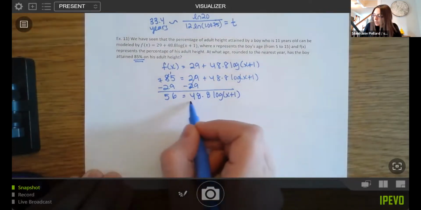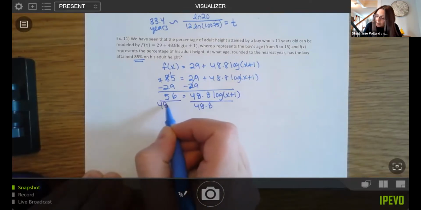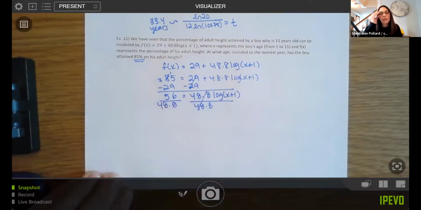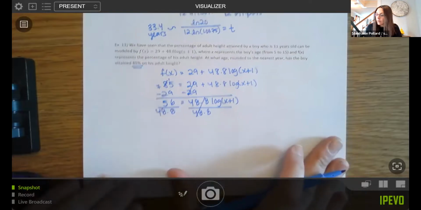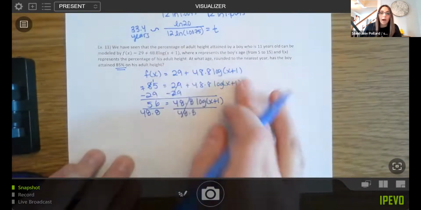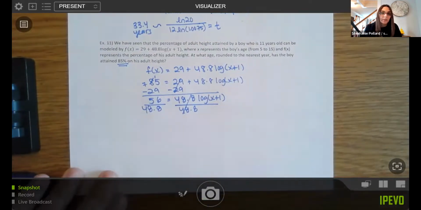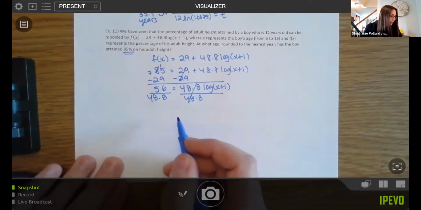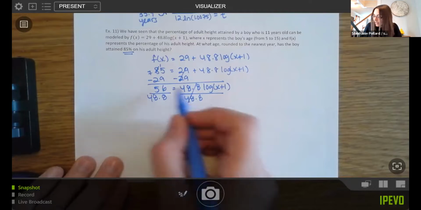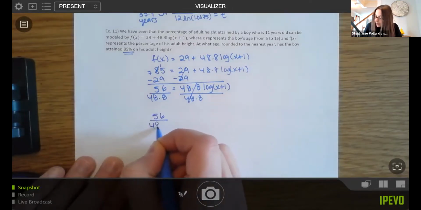This is being multiplied, so I'm going to divide it out. If you have an exponential piece or a log piece, try to get that by itself if you have nothing else that you can really think of doing. That's usually a good start. So I'm going to just leave this as 56 over 48.8 for now.